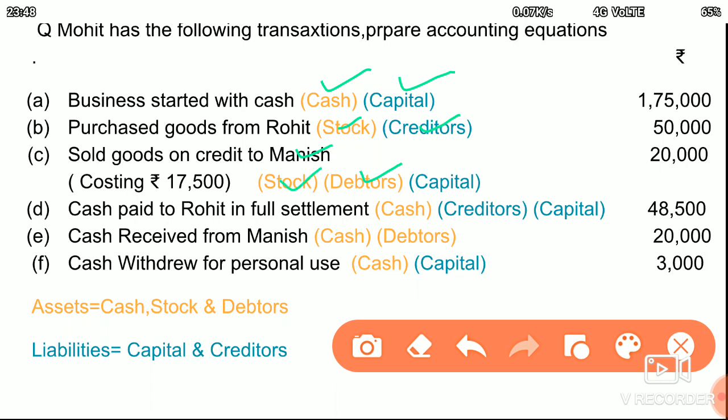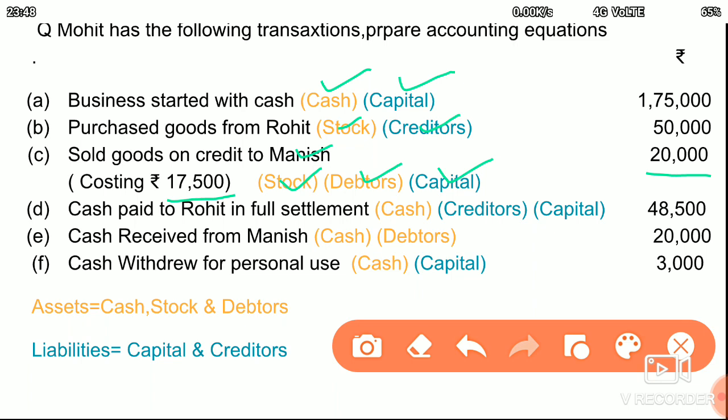So the stock account, which represents the goods account, will get affected. And also we can see here the goods which were sold were costing rupees 17,500, but it was sold to Manish at 20,000 rupees. So there is a profit here. So if there is any profit, the capital account will get affected. So the three accounts that will get affected are stock account, debtors account, and capital account.